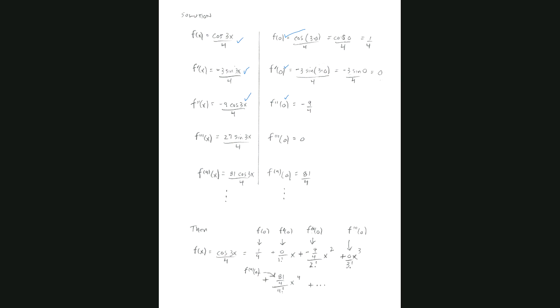So I need the formula for the power series. But in order to get the formula, I have to take a few more derivatives. I need more information. So I'm going to compute the third derivative and the fourth derivative.